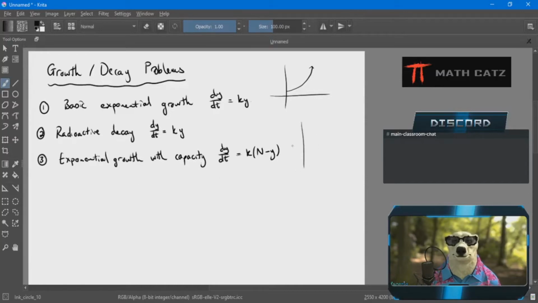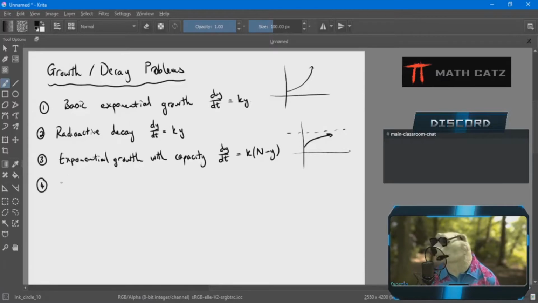And we saw that there now is this capacity built in, that it approaches steadily, and it's a more realistic aspect at a late stage in the population's growth. So that was good.